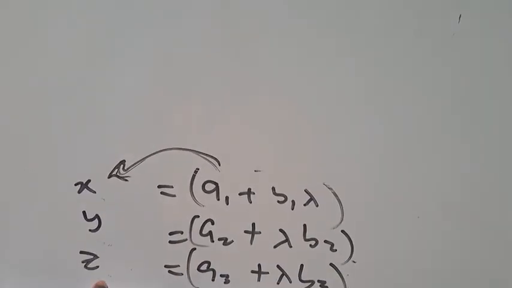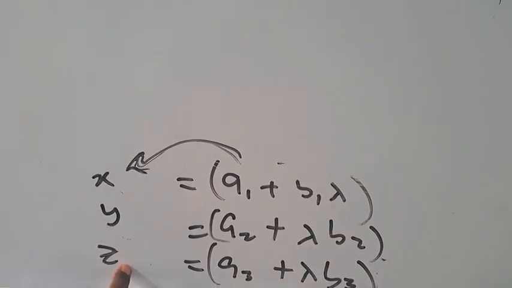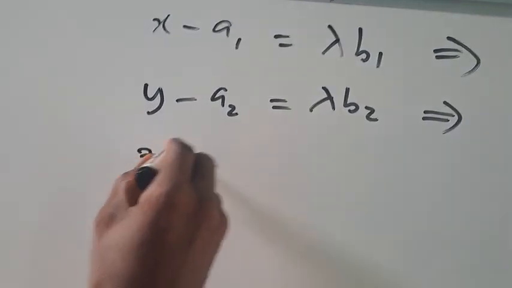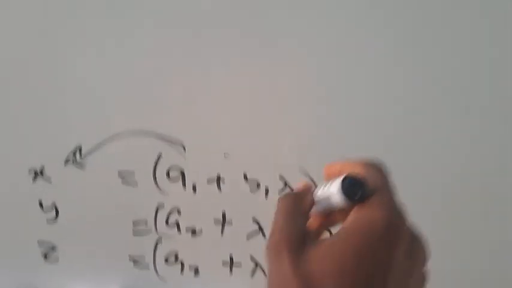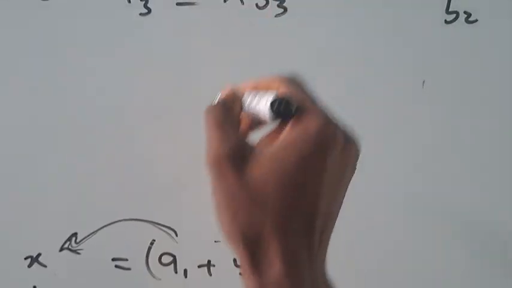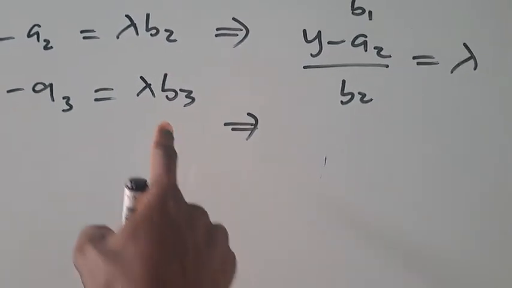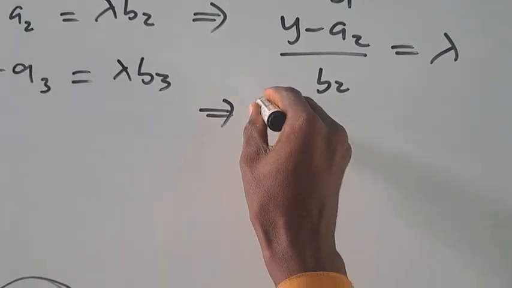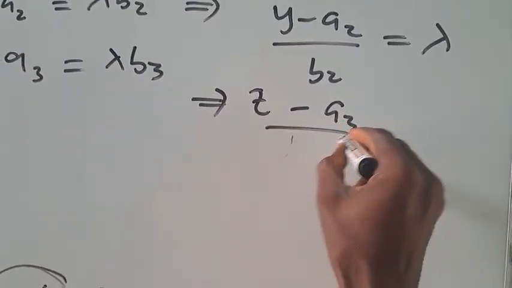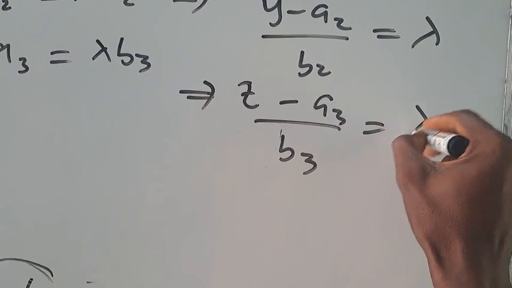Now the third one: a3 will come and meet z, it will give us z minus a3 is equal to lambda b3. So here we are going to get z minus a3 over b3 equal to lambda.